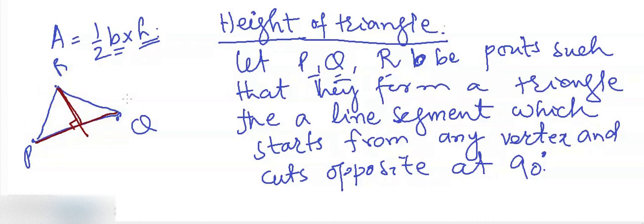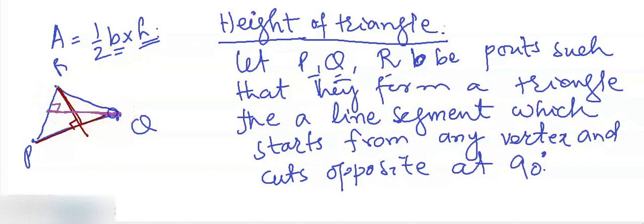In the same way, we can also have height starting from Q, which cuts the other side at 90-degree. Maybe I am unable to draw it in a better way. So now the line segment starts from Q and cuts PR at 90-degree.